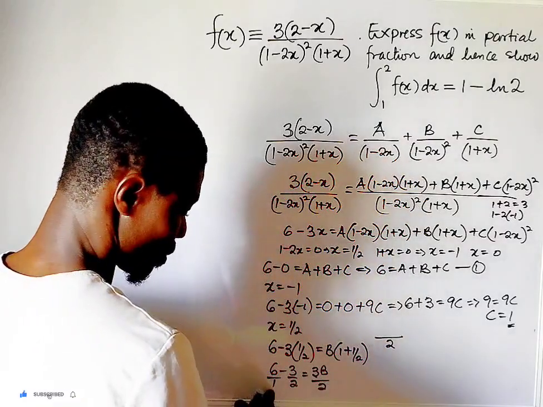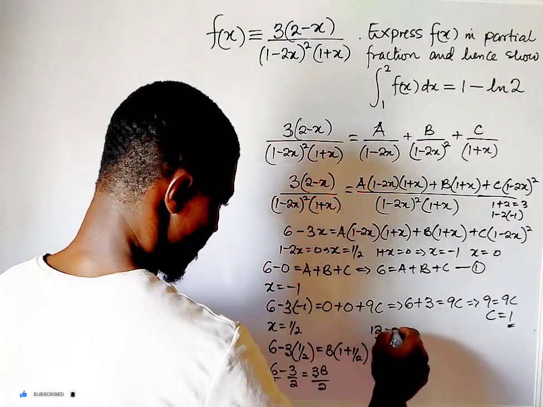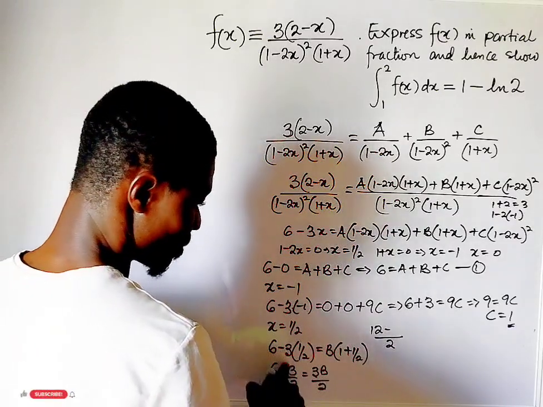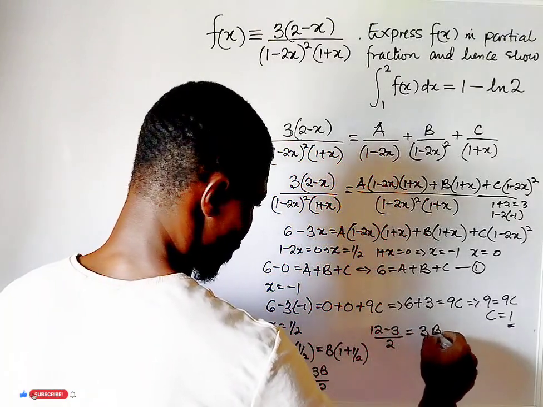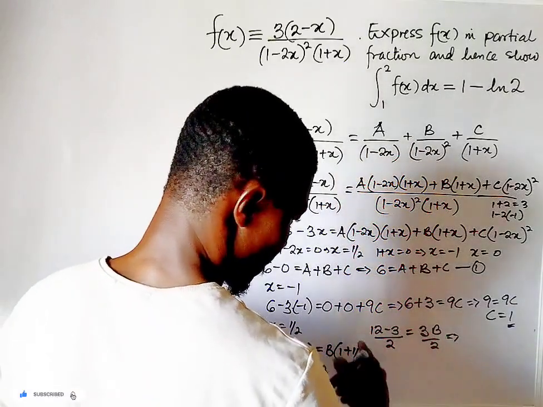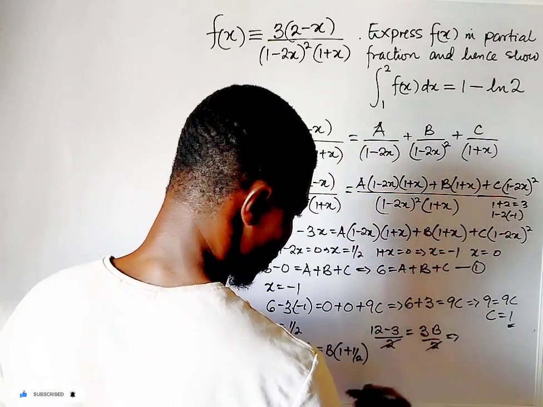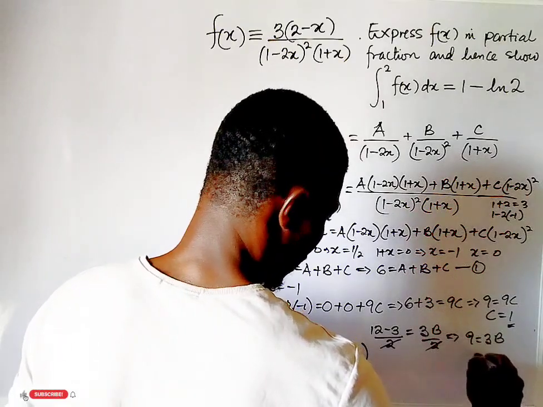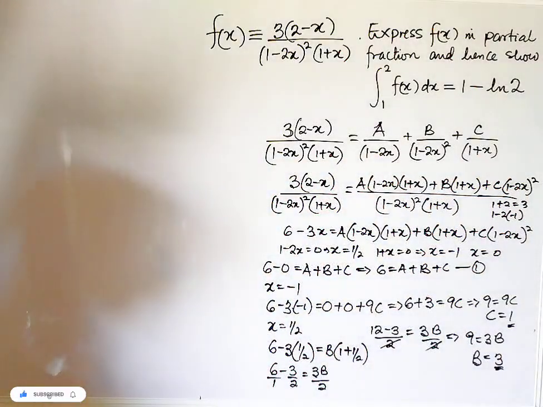Now 2 in 1, 2 times 6 is 12, minus 3, 2 in 2 is 1, times 3 is 3, then equals 3b all over what? 2. So here we have, since we have the same denominator, this one will eliminate this. Here we have 9 equals 3b. At the end of the day, our b is equal to what? 3. Okay?